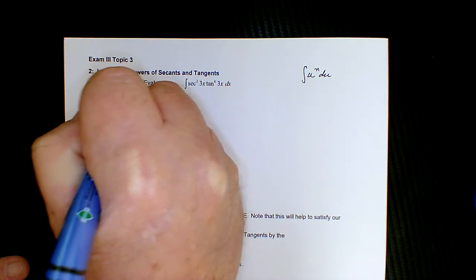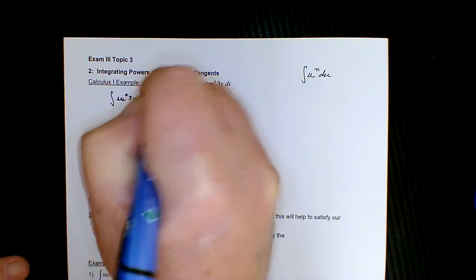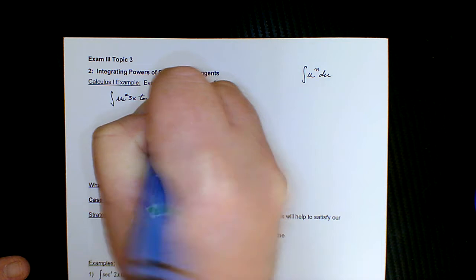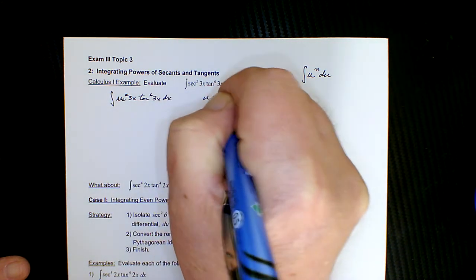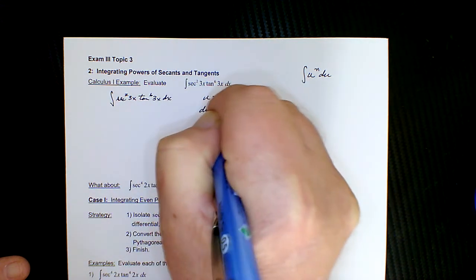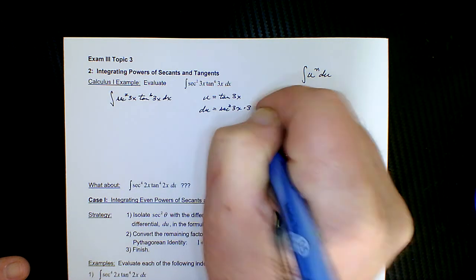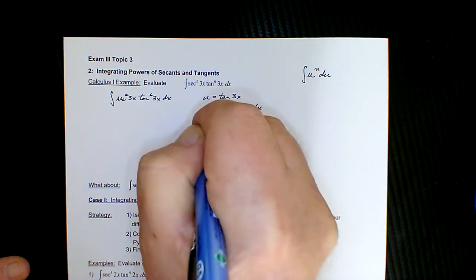So it's secant squared 3x tangent to the sixth of 3x with respect to x, and we're going to choose u to be the tangent of 3x. So then our du is secant squared 3x, don't forget times 3, differential dx as well.